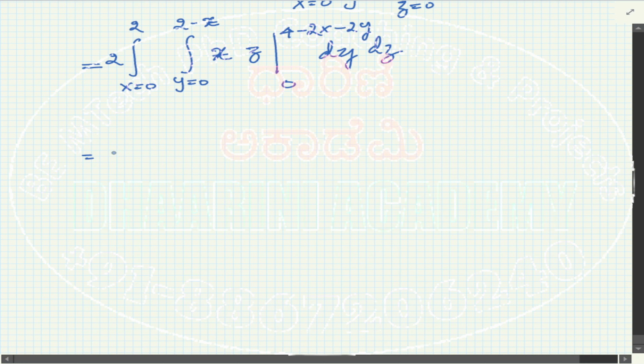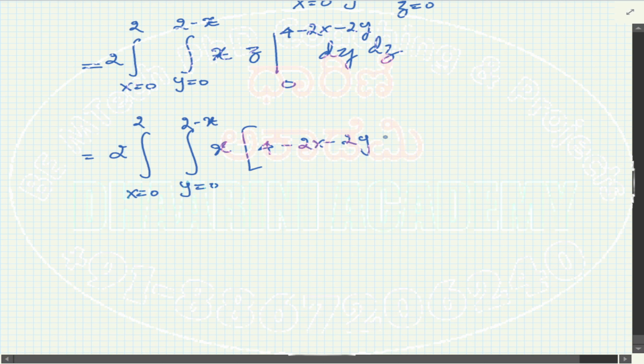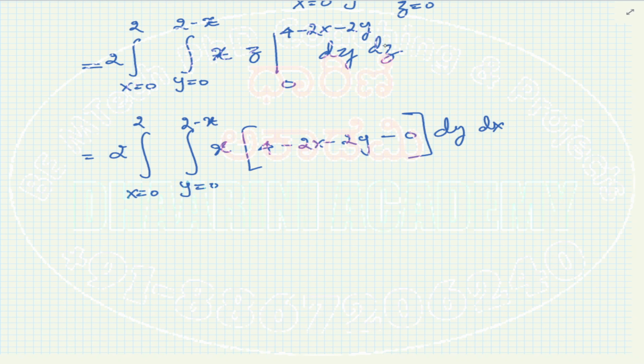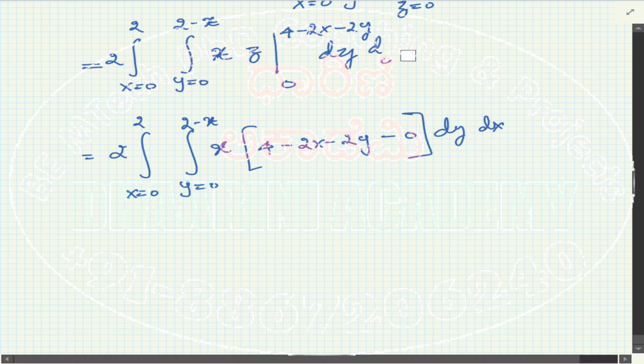So this has to be equal to 2 times integral x is equal to 0 to 2, and integral y is equal to 0 to 2 minus x, right, x into, so when z is equal to 4 minus 2x minus 2y, we have this term minus 0 into dy dx, sorry, this has to be dx. All right, this is dy into dx.